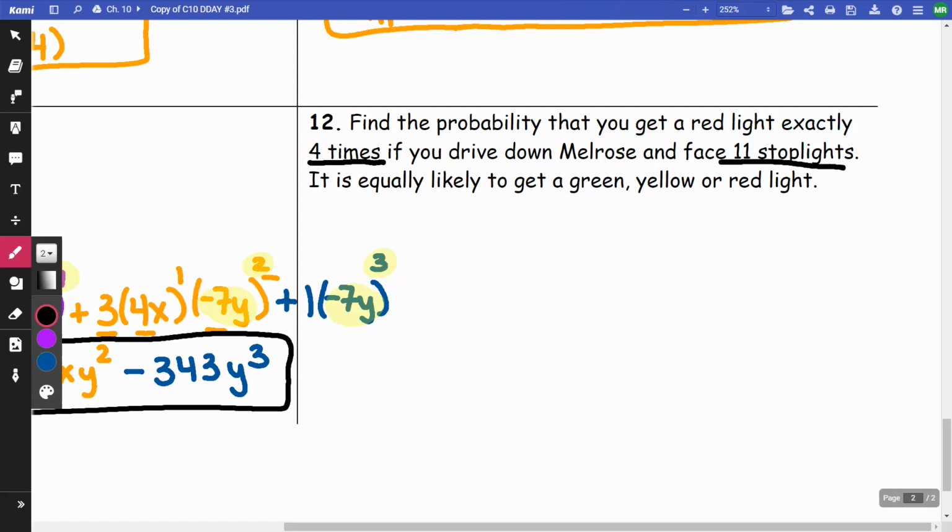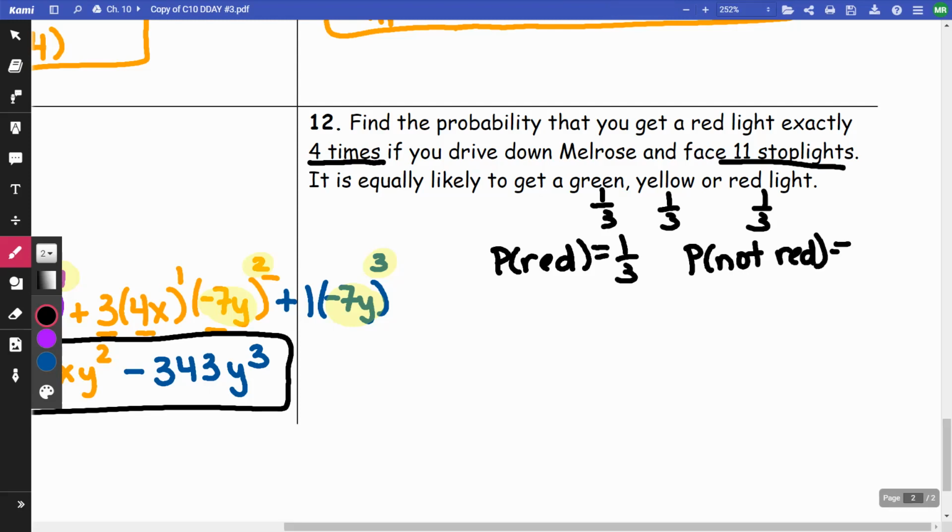So if they're all equal, each one of these would be 1/3, 1/3, 1/3. Okay. So the probability of a red light is going to be 1/3. The probability of not a red light is going to be the rest, which is 2/3. Okay. That's what we want. Red light, not red light. So we want 11 times we've hit a stoplight.